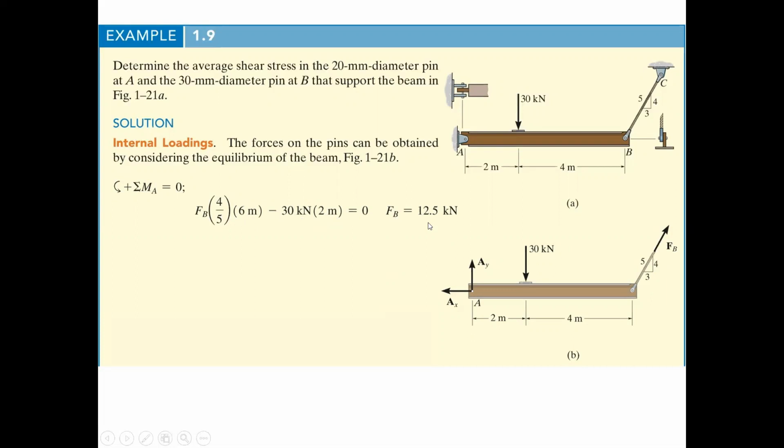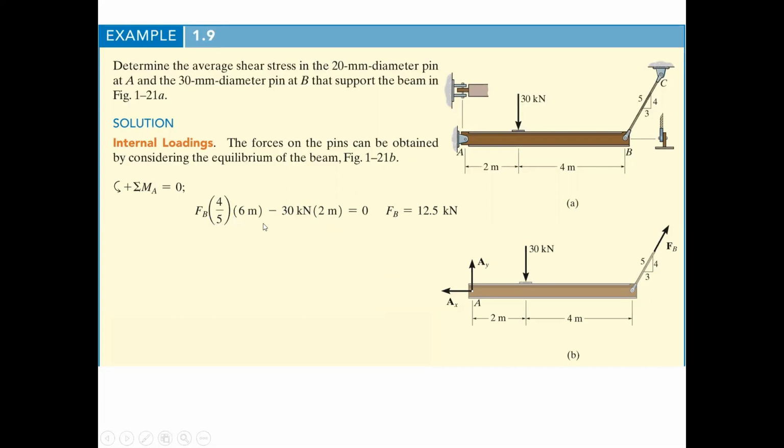It's important that you go back to your statics class, refresh your memory on how this equation is developed. And it's not the purview of this course to repeat your statics class.